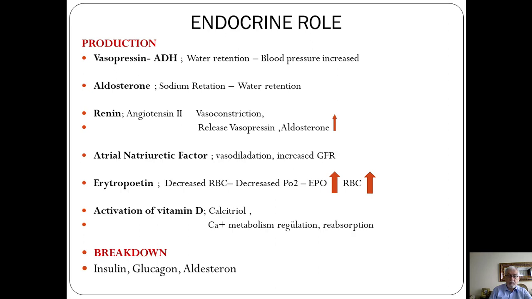When you look at all these endocrine roles in kidneys, it is very clear why we name kidney an endocrine organ. Also, kidneys have different roles, such as breakdown of some molecules such as insulin, glucagon, and aldosterone. It is another regulative way in metabolic processes.